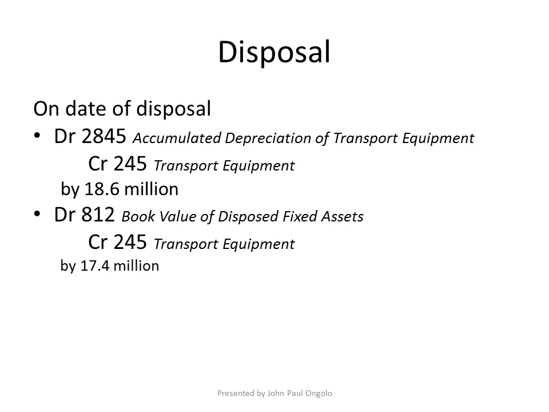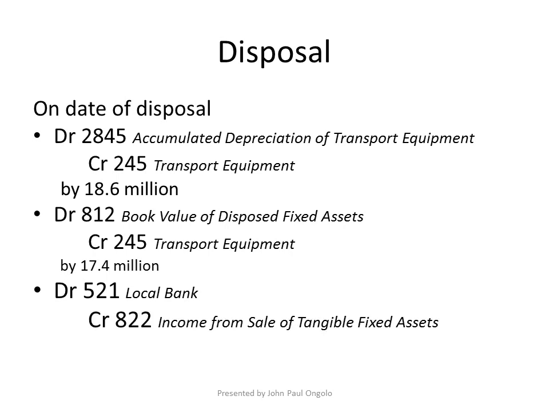But to account for the income we receive, we will first debit account 521 bank, as the sale was made through check, and we credit account 822 income from the sale of a tangible fixed asset by the 24.5 million, which is the disposal proceeds from the sale of the asset.